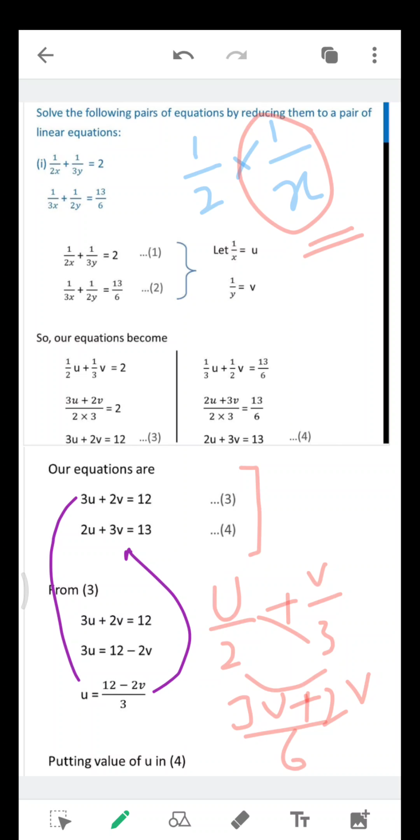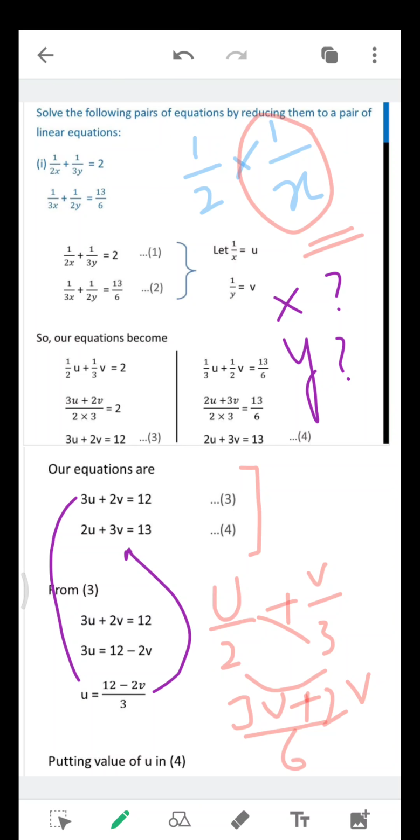In this question we have to find x and y values. We don't have to find u and v values. We have to find what is x and what is y. This u and v are temporary, to reduce them into linear equations, but actually we have to find the x and y values.